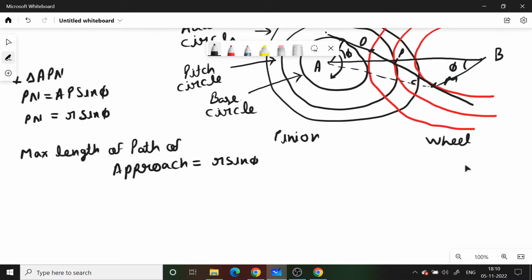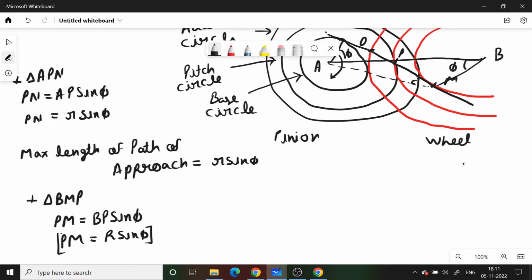And from the right angle triangle BMP, PM will be equal to BP sine phi. Here BP is the pitch circle radius of the wheel, R. So PM is equal to R sine phi.